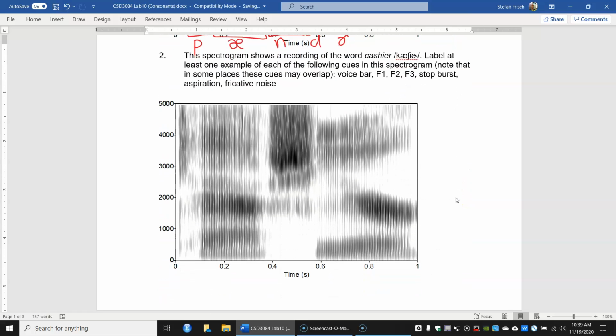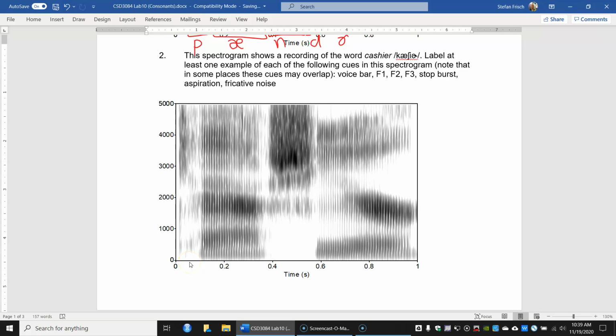All right, the second question gives us a recording and tells us what the word is, in this case, cashier. What we're supposed to do is identify the different phonetic contents inside of this word. So we have a voiceless stop at the beginning.